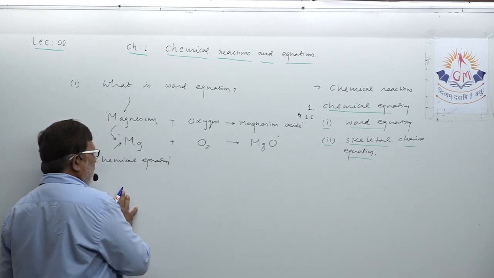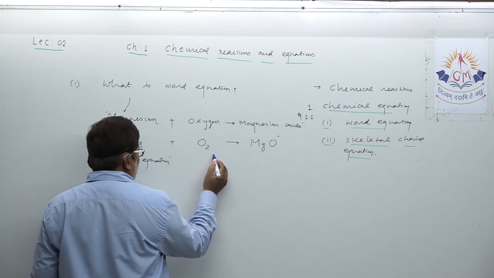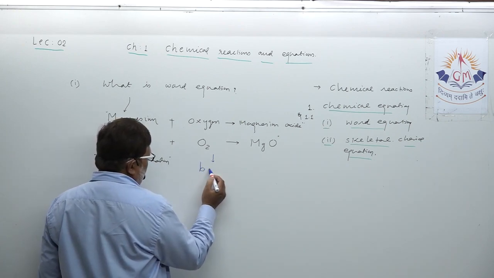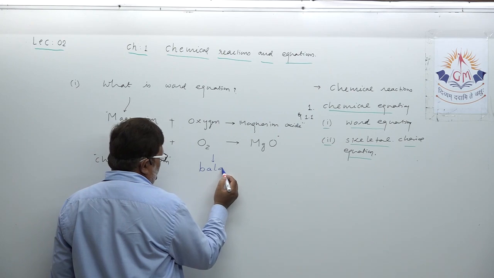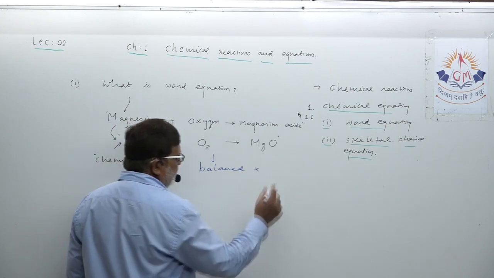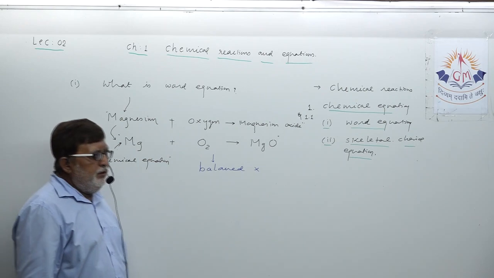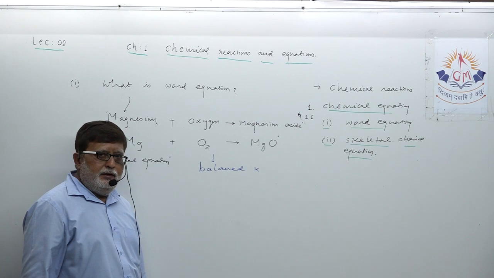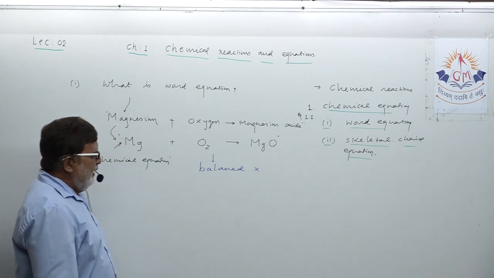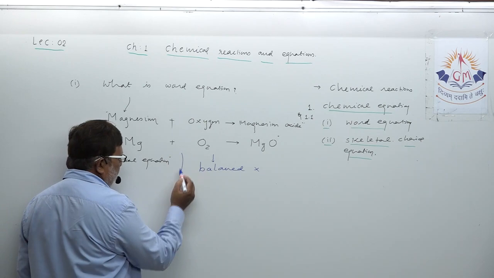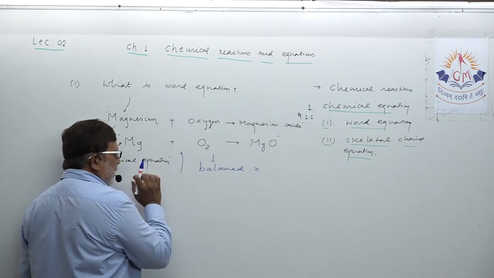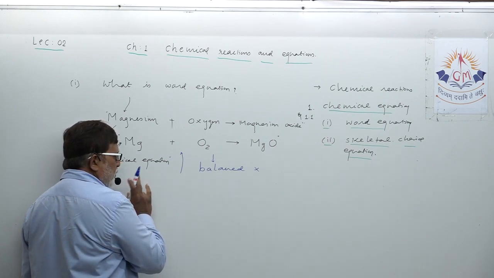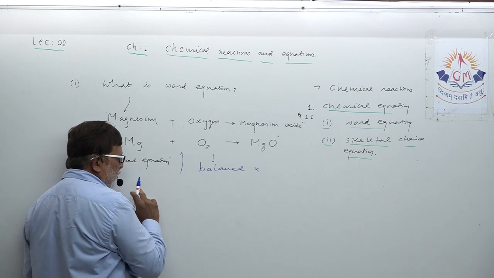Mg plus O2 gives MgO, and I have intentionally taken care that I will not balance it. This is not a balanced equation. Okay, I have intentionally not balanced it to give you an idea about another term: this equation is written in abbreviated form utilizing symbols and formulas, no doubt, but it is not balanced.